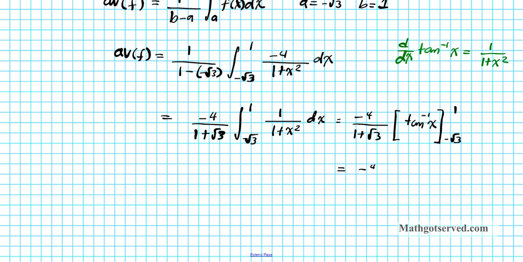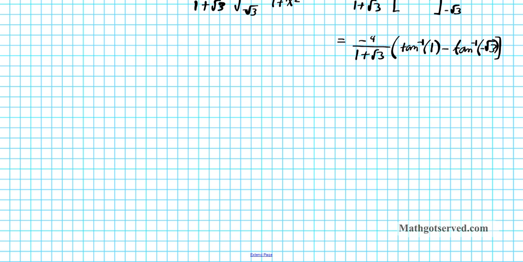So you're going to have negative 4 over 1 plus root 3 times the inverse tan of the upper limit first minus the inverse tan of the lower limit. Okay, so that's what you're going to compute.